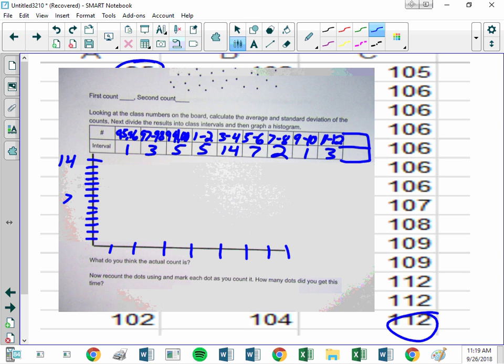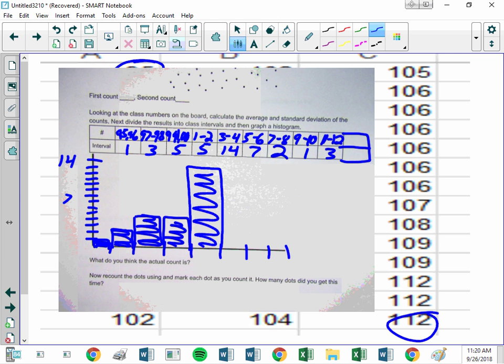Okay. So now I graph up to 1, and then up to 3, and then 5 would be there, and then 5 again, and then 14 all the way at the top, and 7 would be right there, and then 2, and 1 and 3.